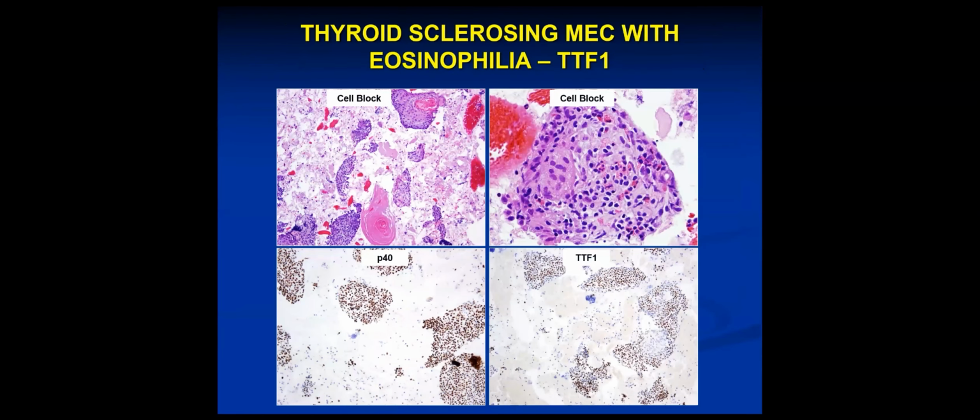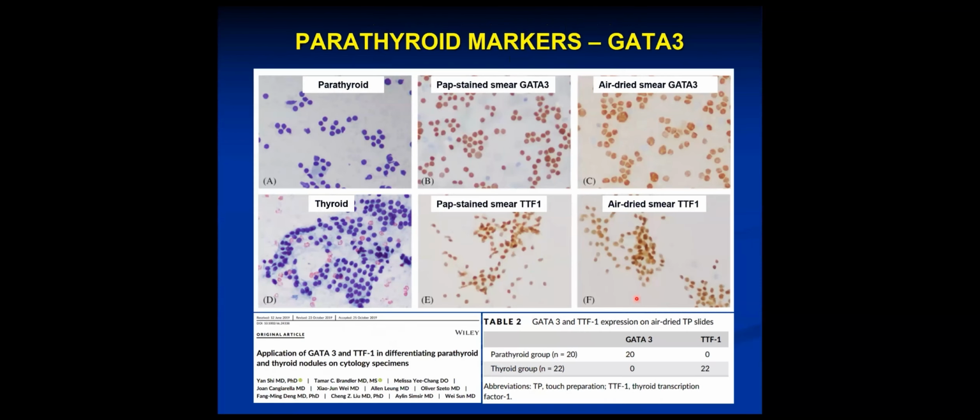So this is an example of thyroid sclerosing mucoepidermoid carcinoma with eosinophilia. It's a cell block, and you can see squamous cell clusters with increased eosinophils. In this case, the tumor is positive for P40 and TTF1, and PAX8 is negative, which I didn't include.